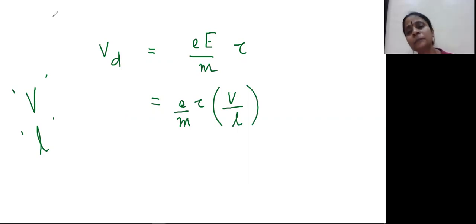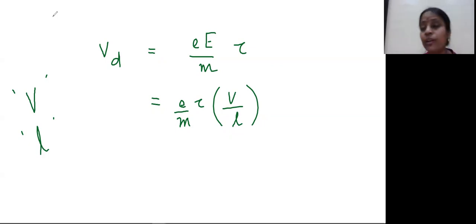So in magnitude, it is nothing but the potential gradient, that is V by L. So I have my Vd equal to e by m tau, where tau is our relaxation time, into V by L. Isn't that clear, children?